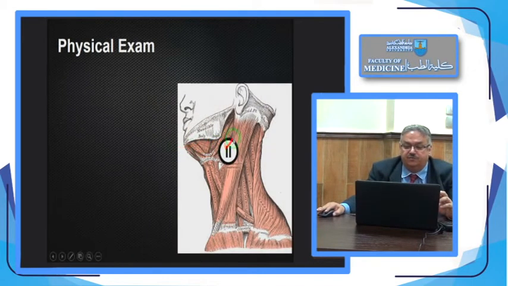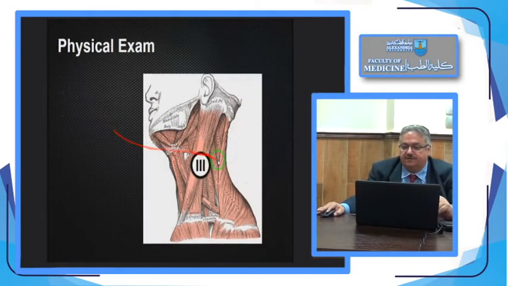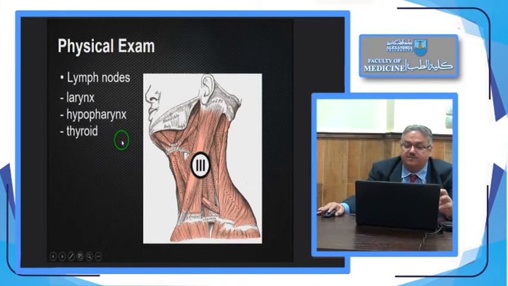In level 2, what we used to call upper deep cervical, all the jugulodigastric lymphadenopathy, metastases from the oropharynx. Level 3, middle deep cervical, metastases from primaries in the larynx, in the hypopharynx or the thyroid.